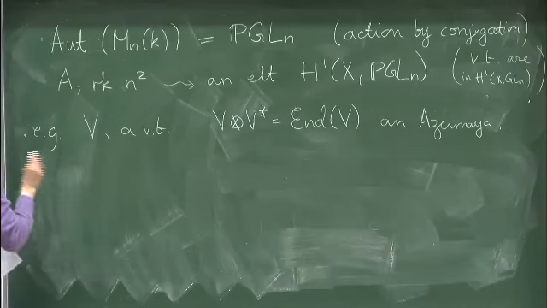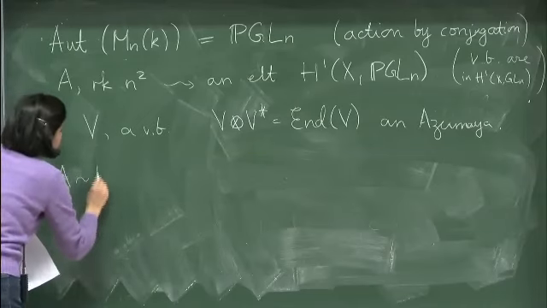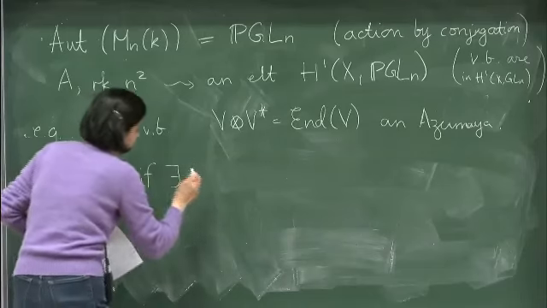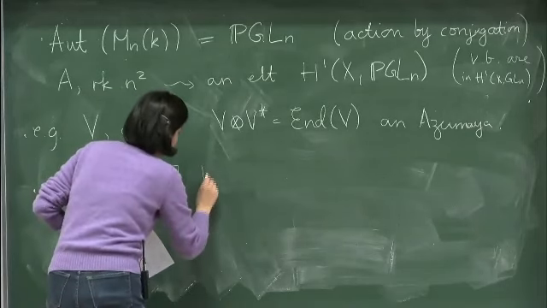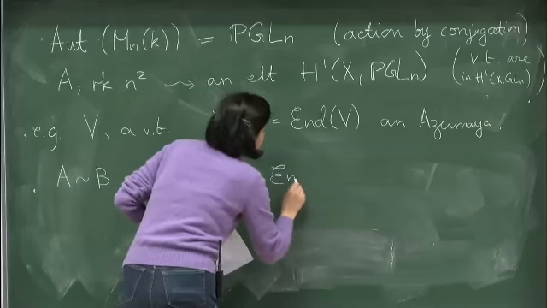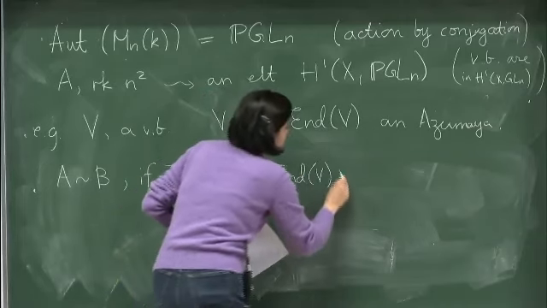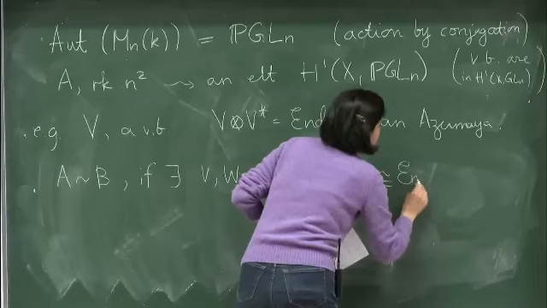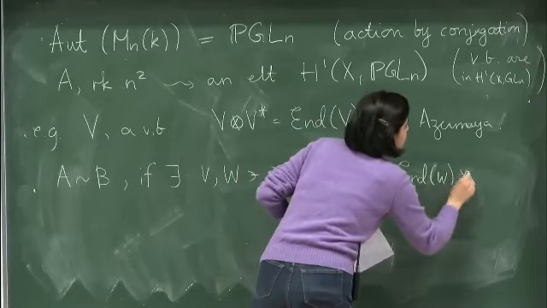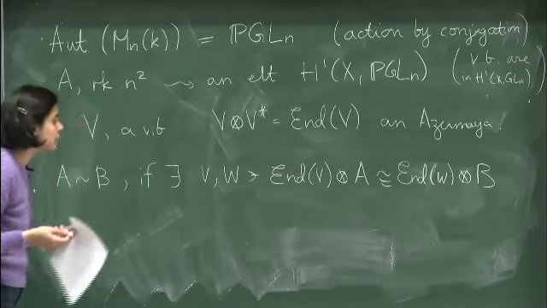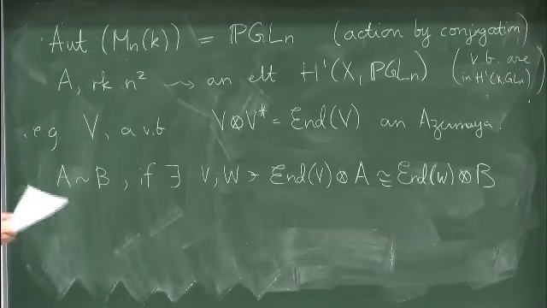The other thing I want to say is that two Azumaya algebras are equivalent: A is equivalent to B if there exist locally free sheaves, or let me just say vector bundles V and W, such that End(V) tensored with A is isomorphic to End(W) tensored with B. If these two are isomorphic as Azumaya algebras, then we say that A is equivalent to B.